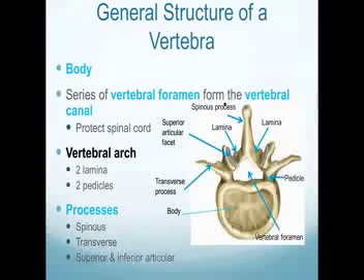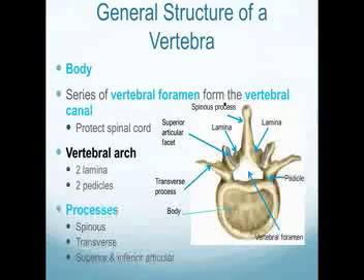And in that vertebral canal is the spinal cord. So this vertebral canal, or the individual vertebral foramen, allow a lot of protection and enclose the spinal cord, which, as we all know, is pretty important for movement.